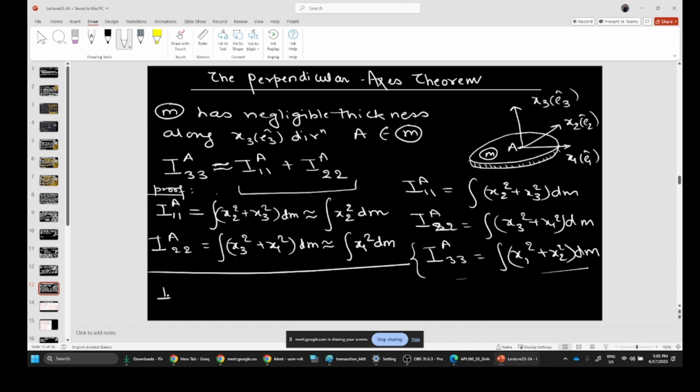Add the left sides of these two equations to get IA11 plus IA22, and then add whatever is on the right side, and what we have is x2 square plus x1 square dm, and this indeed is the definition of IA33. Just two lines are required to prove this.